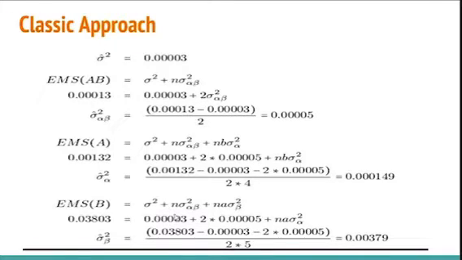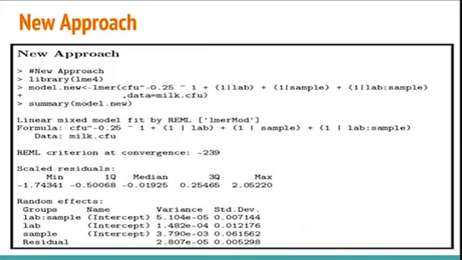Let us now compare the sigma square alpha, sigma square beta, with this one here. You're basically going to see they are almost the same. The classical approach agrees with the new approach, provided there is no violation of assumptions.